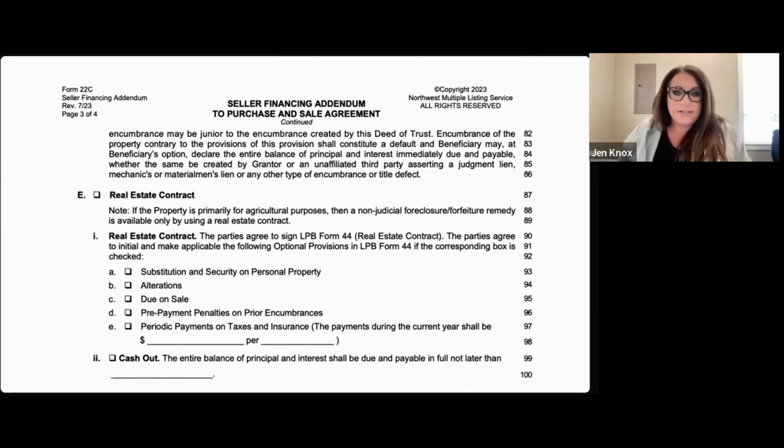The real estate contract is essentially the opposite of that. Real estate contracts say the seller will not give the title to the buyer at closing. The seller remains the owner. The buyer takes an interest in the seller's property, not the other way around. The buyer has rights.